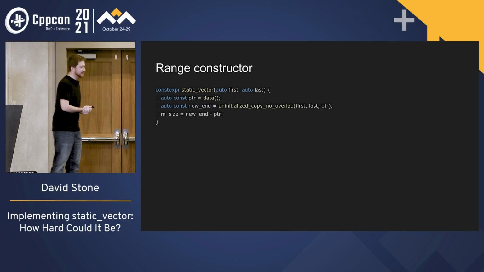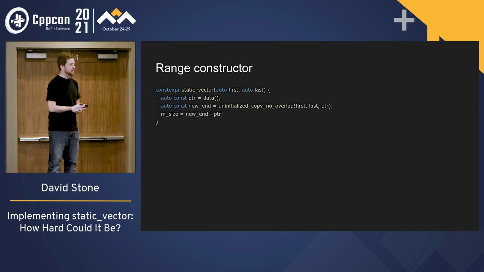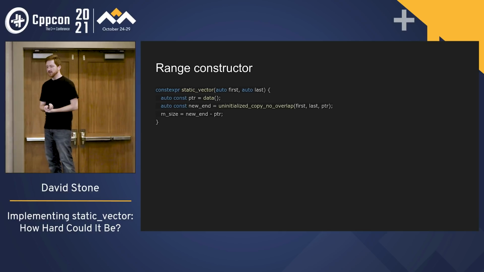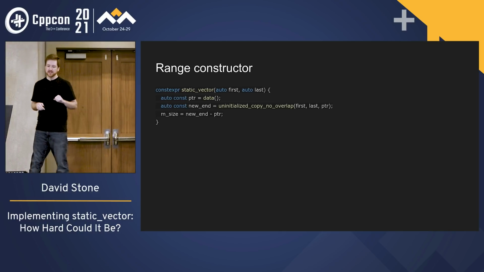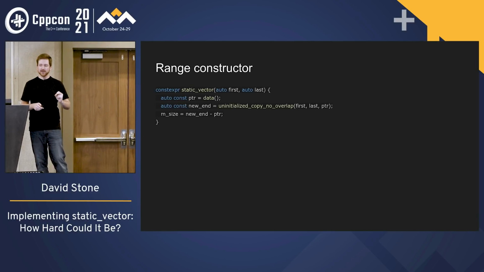Yes, Jeff? Could you not also just use sized range and just say input is just going to be excluded? Okay. So Jeff's suggestion was that static vector could constrain its parameters to accept a sized range instead.